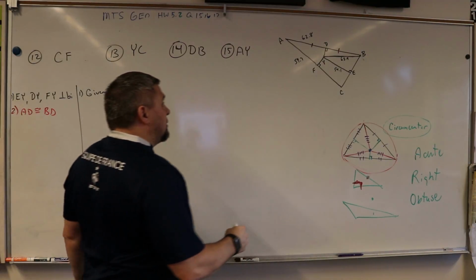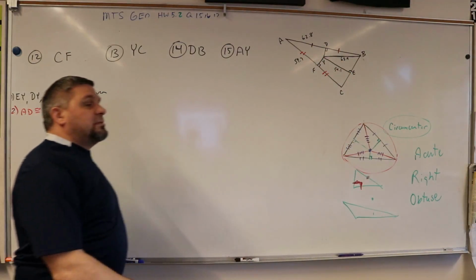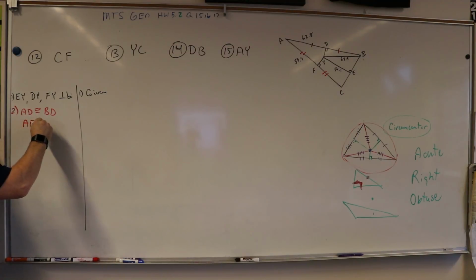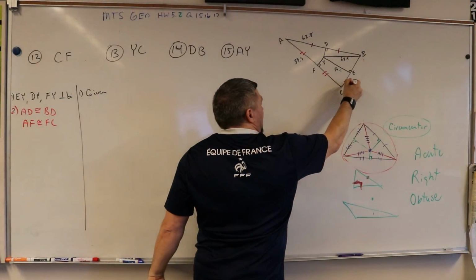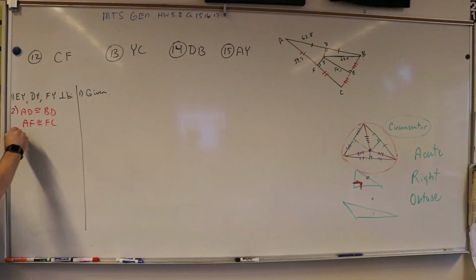What else do we know? We know that AF is congruent to FC. What else do we know? We know that CE is congruent to BE.